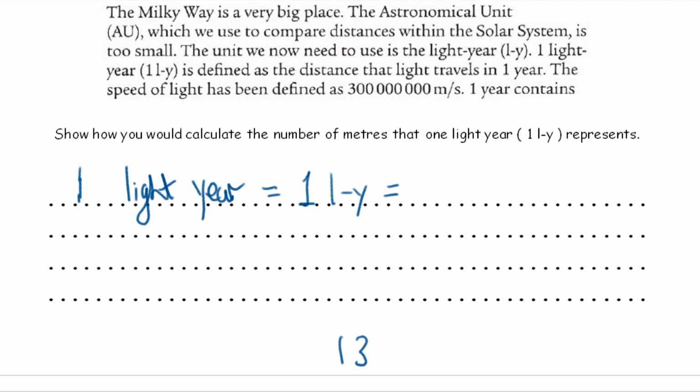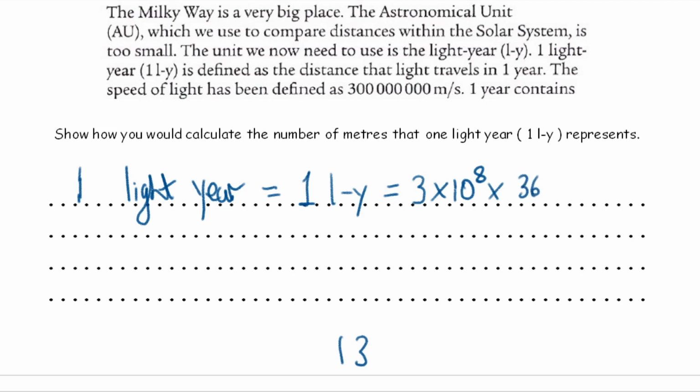Okay, what you should have written down: I worked it out by multiplying the distance light travels in 1 second by the number of seconds in a year.